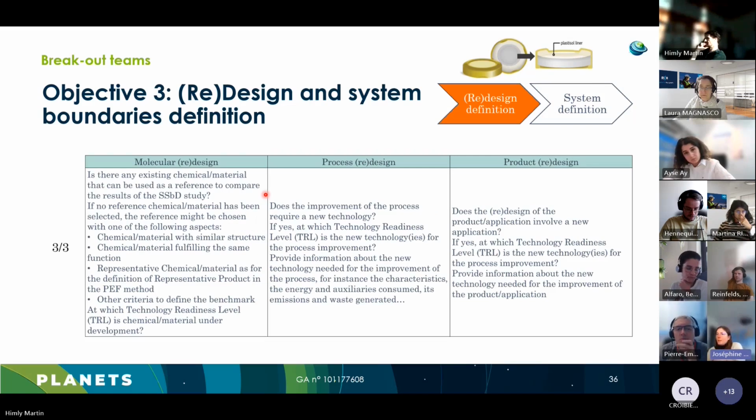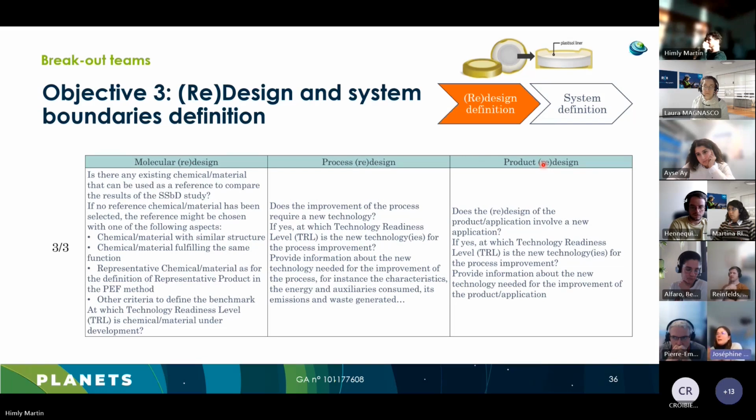Once this is done, so this is an iterative process, but also a hierarchized process. We have to follow purposes, principles, and then the design. We have talked slightly of the 3 levels of innovation: molecular, process, and product. So the idea is to identify at what level the redesign of the case study is.